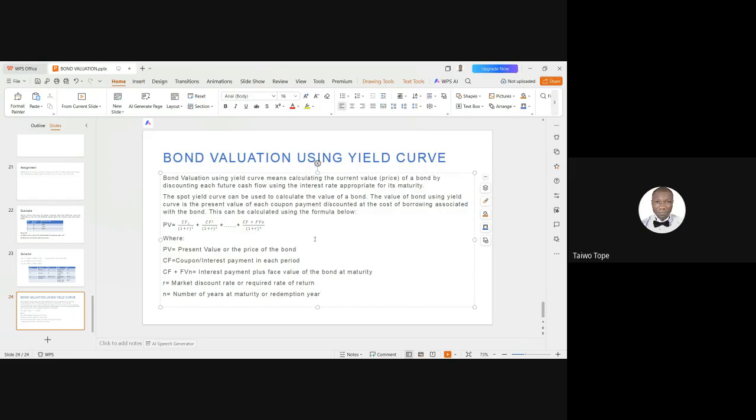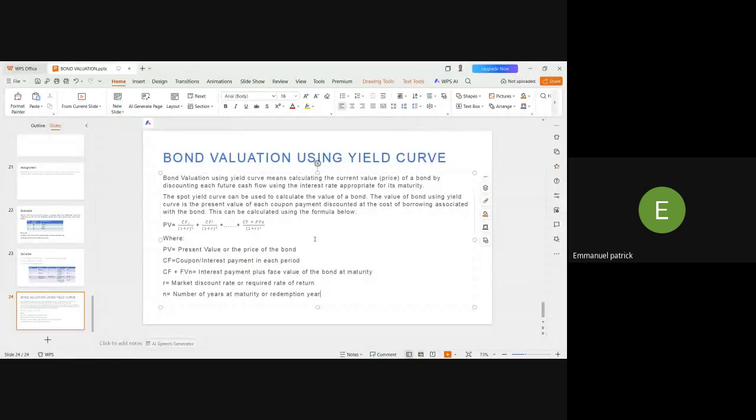But where it is a forward rate, what will happen? Anybody to help? Sir Emmanuel, yes sir. When it is a forward rate, the formula will be cash flow for year one divided by open brackets 1 plus R, close brackets. That's for year one.